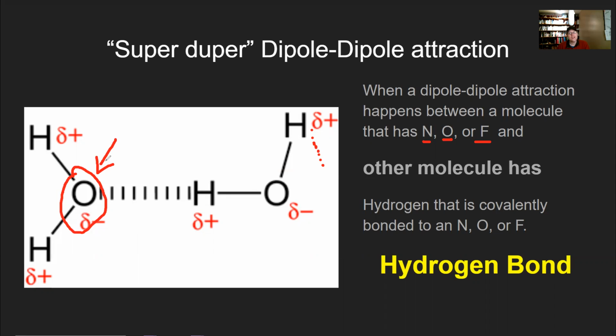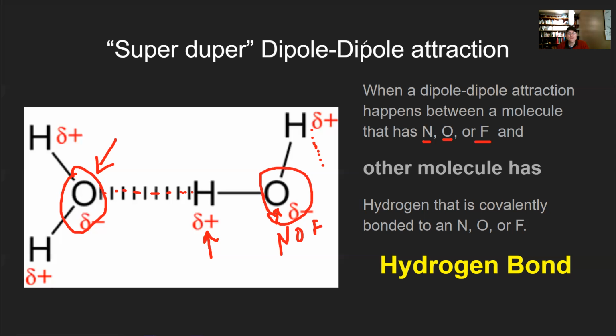When the nitrogen, oxygen, or fluorine of one molecule has a negative dipole and is attracted to the hydrogen of another molecule, that hydrogen does need to be attached to one of those extremely electronegative elements as well. So this portion over here that the hydrogen's attached to needs to be either N, O, or F.